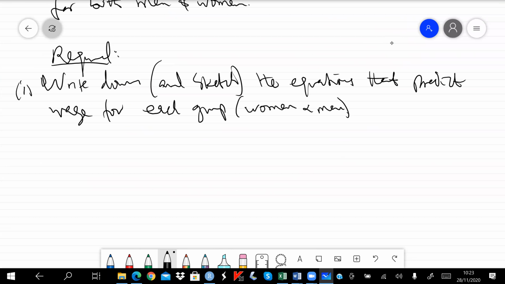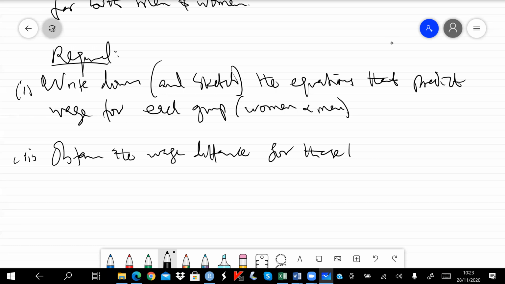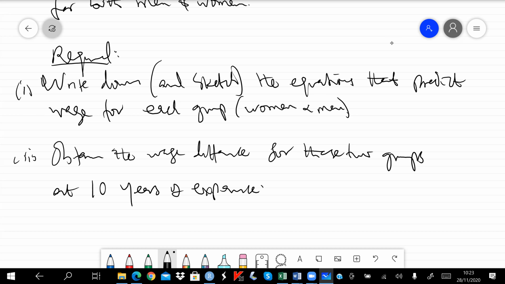Then Roman 2, you obtain the wage difference for these 2 groups at 10 years of experience.